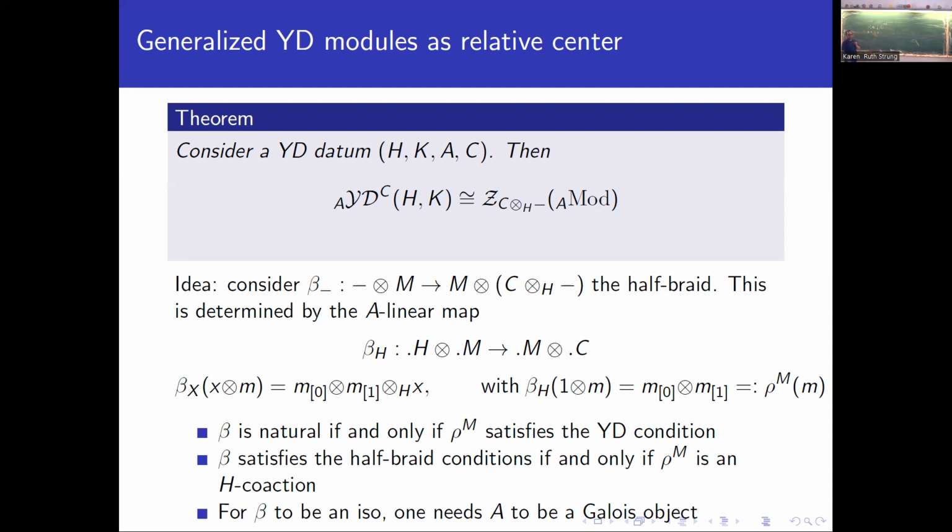But in order to have an anti-Yetter-Drinfeld module, this action becomes M tensor X modified by some S squared, I think. So it will fix the anti-Yetter-Drinfeld module. So that's it.